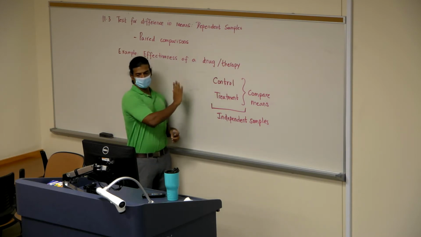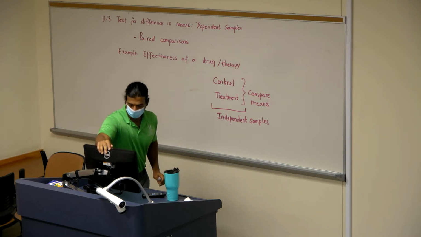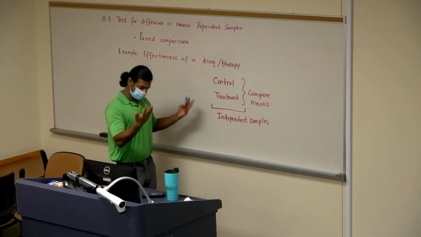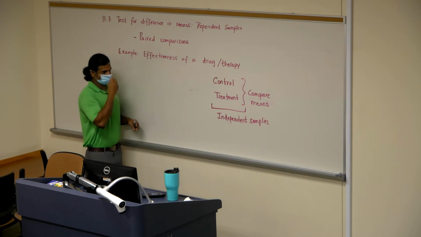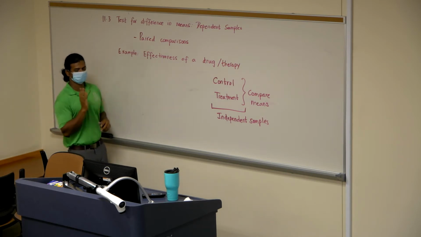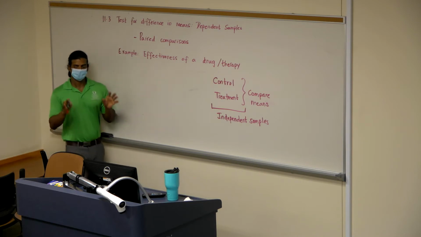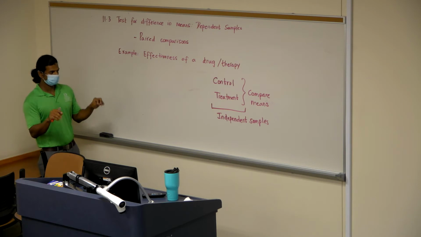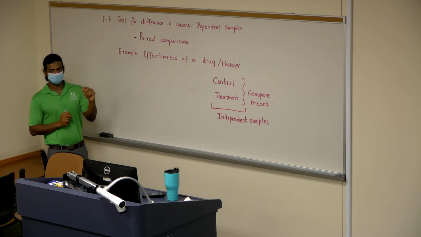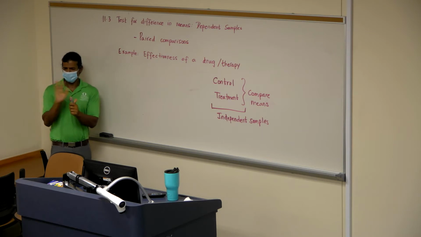So even though that is a good example, one of the ways to measure the effectiveness of a drug or a therapy, those are independent samples. If I want to have dependent samples and measure the effectiveness of the drug or therapy, how should I do it?